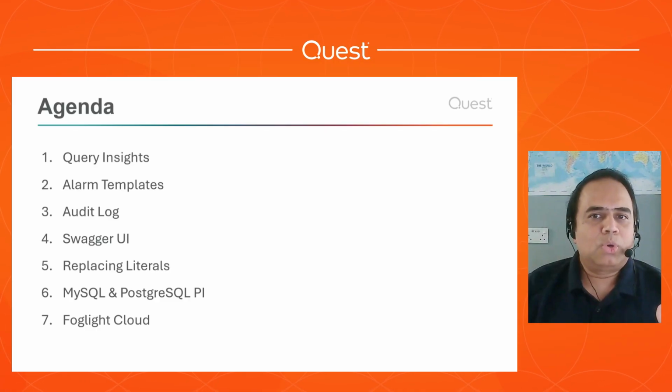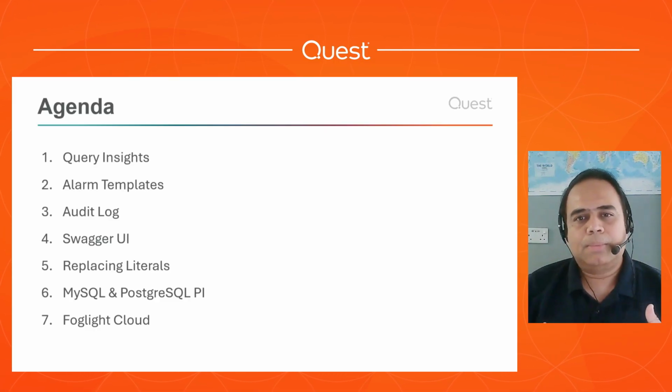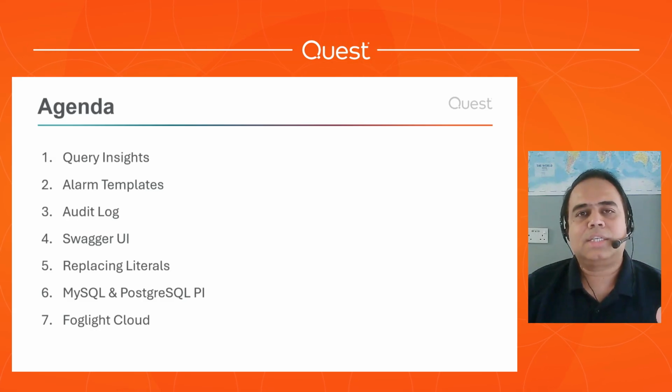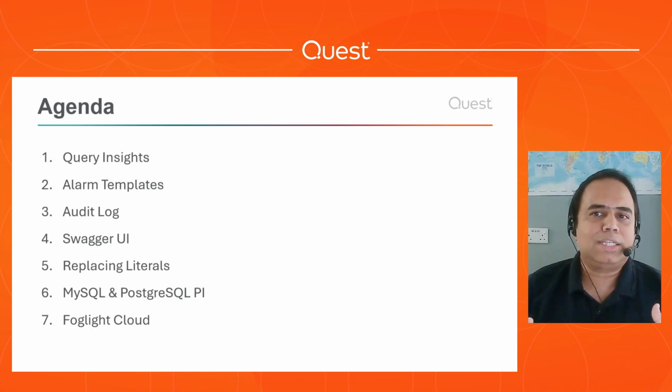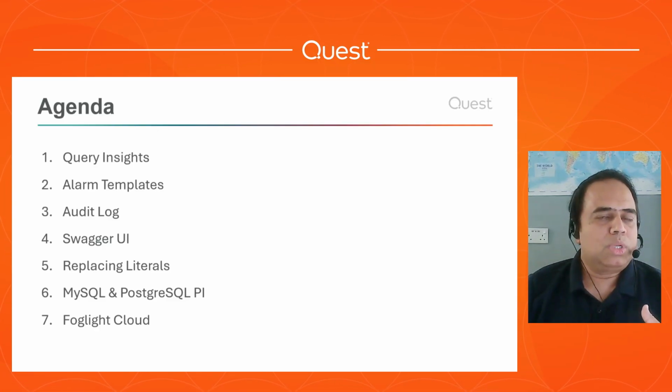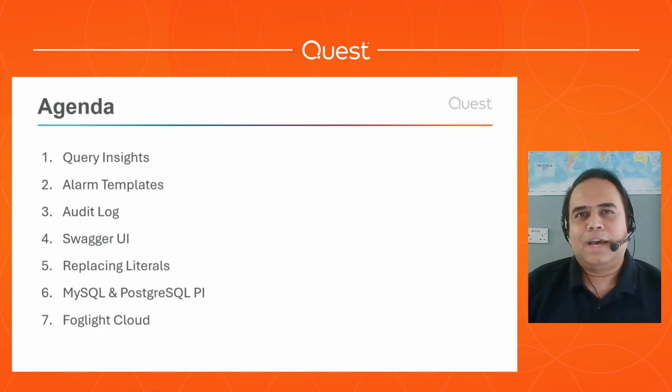We'll also explore Swagger UI and look at how we can redact sensitive or personally identifiable information within the SQL queries. We'll also look at MySQL, PostgreSQL, and a little bit of the Foglight Cloud managed service offering as well.